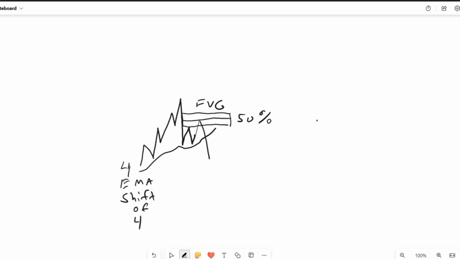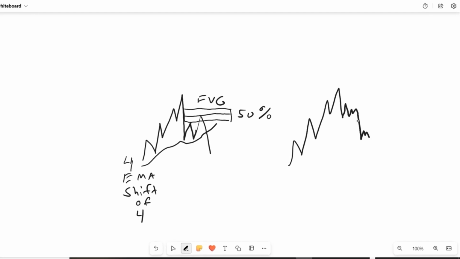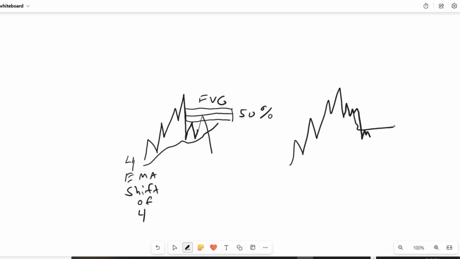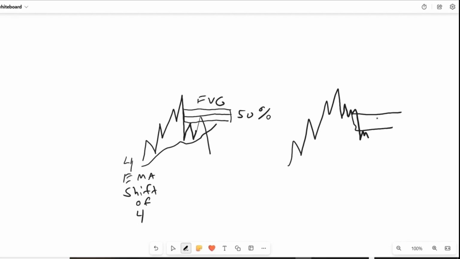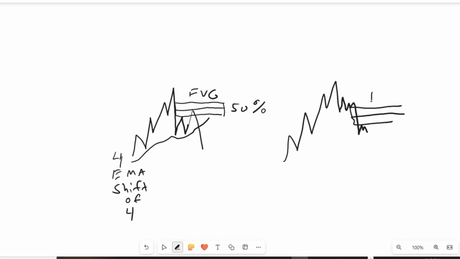Now sometimes price will do movements like this, where it doesn't break the structure and then it breaks structure on a second impulse. And what you'll want to watch for is the fair value gap that's created right in here. And you'll want to go to the 50% of that fair value gap.